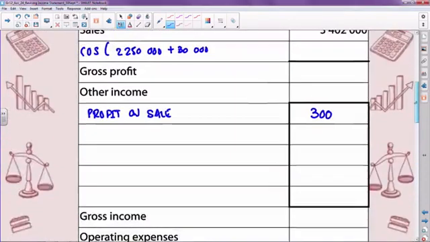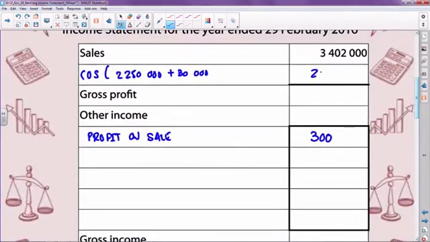Okay, so there's my cost of sales, 2,280,000. That's how you would determine it. Your sales less your cost of sales will then give you your gross profit. Let's do that.